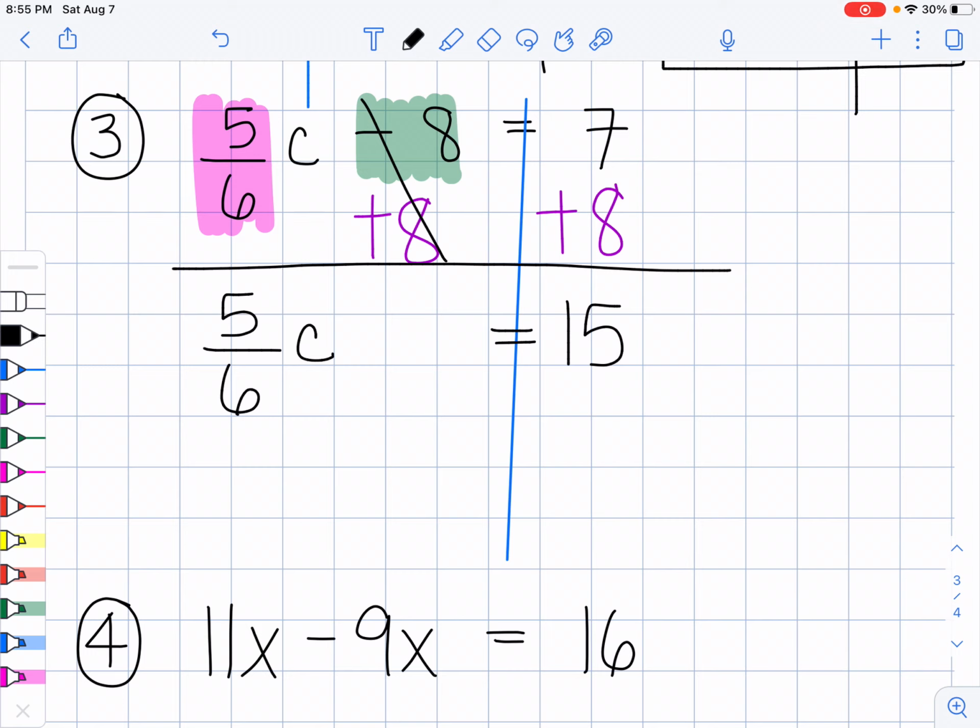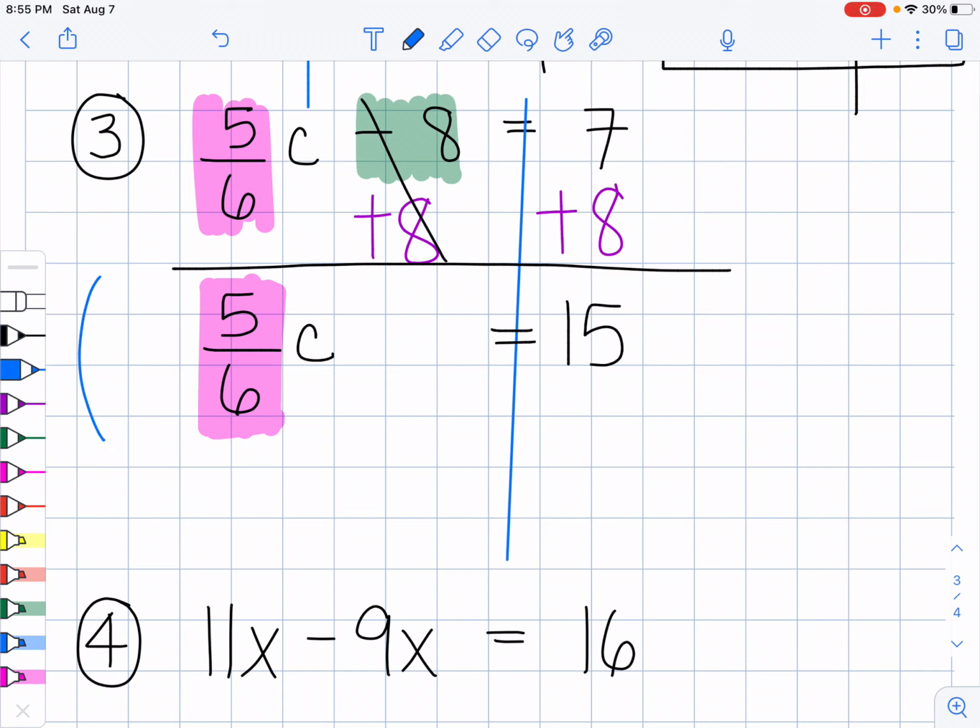Okay, now I have to get rid of this 5/6. Now, when I have a fraction that's multiplied by my variable, I can do one of two things. I can divide by my fraction, because this is 5/6 times c, so remember dividing undoes multiplying. But when I have a fraction, I can also use the reciprocal.